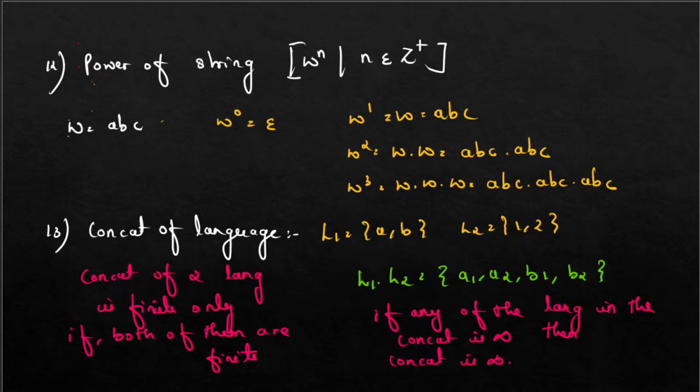Okay, and one thing which you should note is phi. Okay, this is a very different color. So phi dot any is equal to any dot phi is equal to phi. The result is this.